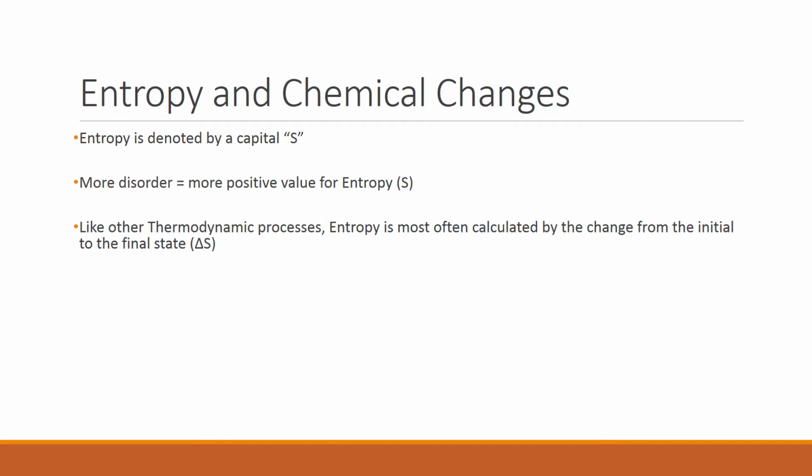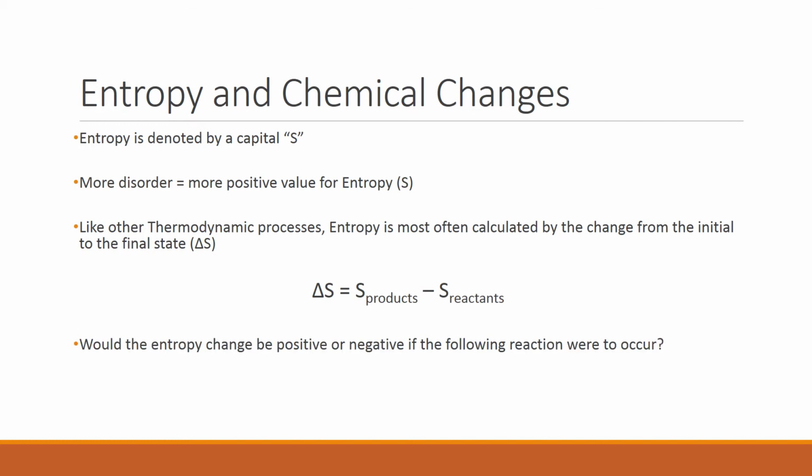And much like other thermodynamic processes, entropy is often calculated by the change from initial to final state. While this video will not talk about how entropy is a state function, this is why it's the case, because we can use the initial and final states. We typically calculate delta S from the S of the products minus the S of the reactants, just like we did with delta H previously.